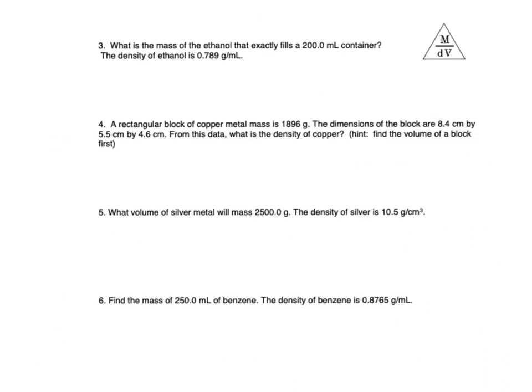Okay, for question 3, this time around the question is a little bit different. We're being asked to figure out what the mass is, given that we have the volume and we have the density of the particular liquid. So if we want to figure out what the mass is, I cover the mass in my triangle and I'm left with D multiplied by V. So mass is equal to density multiplied by volume.